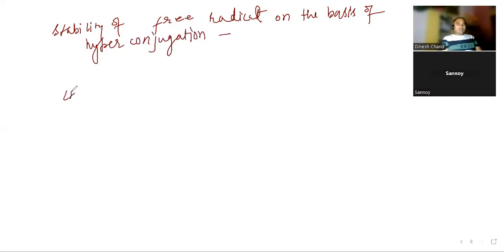See, here is how we are explaining this one. This is the free radical, right? In case of free radical, what is happening? Deficiency of only one electron is needed. So here two bonds are there. One electron will go on it and another electron will make the bond here.